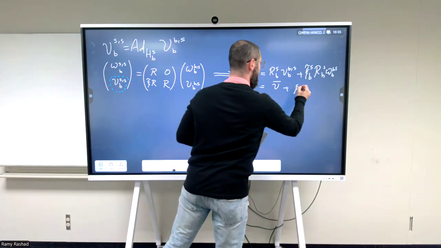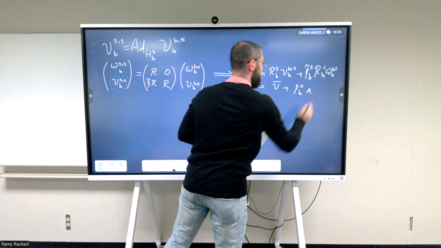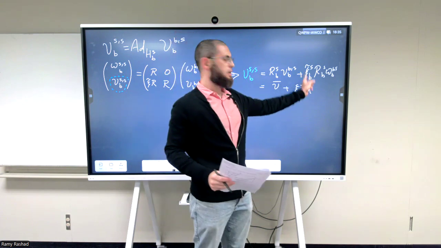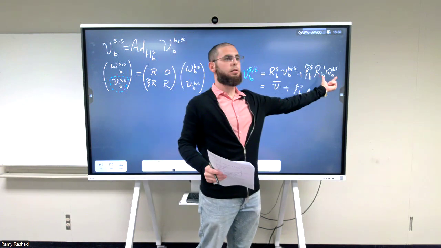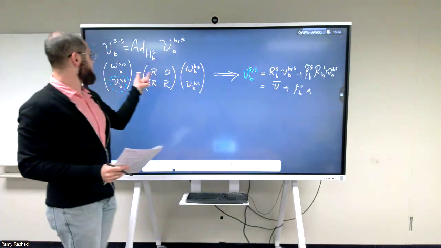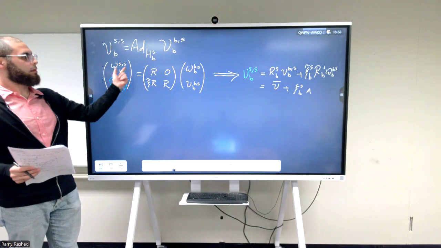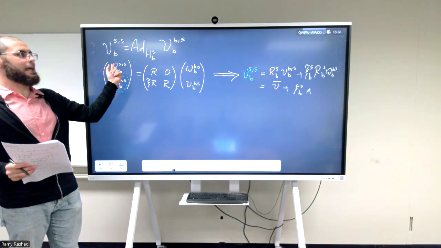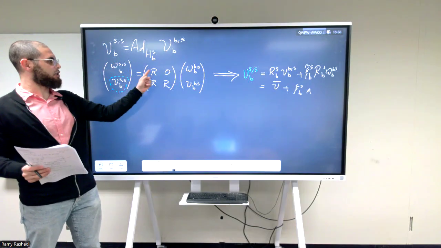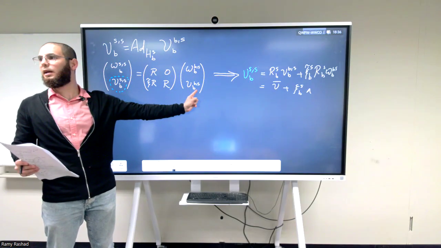And what about this expression? It is the cross product between the vector psi and, here you have what? What is this expression you see here? It's actually the omega BS in S. You see, the omega BS in S is actually R multiplied by this guy and 0 multiplied by that guy.